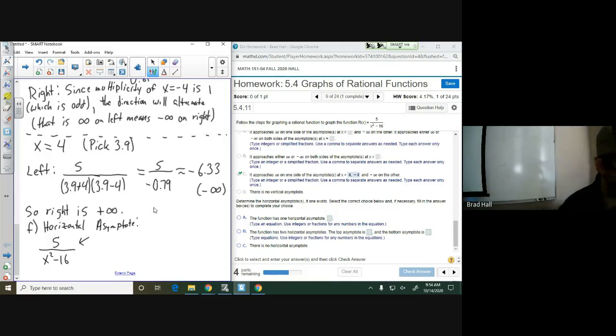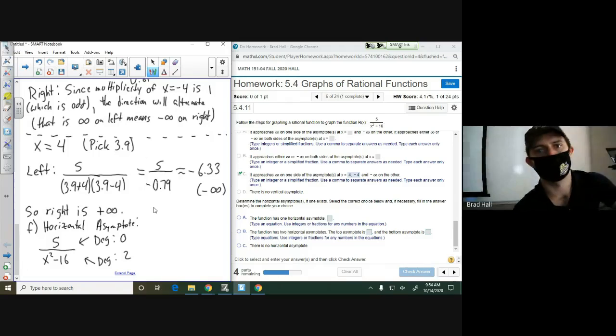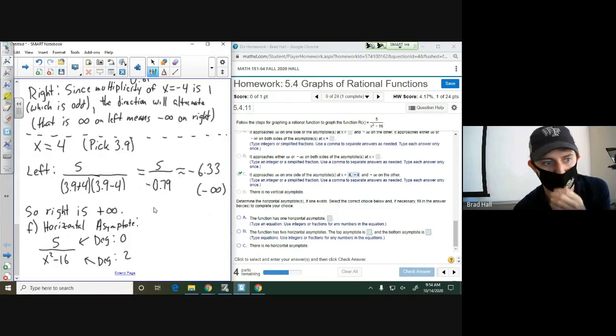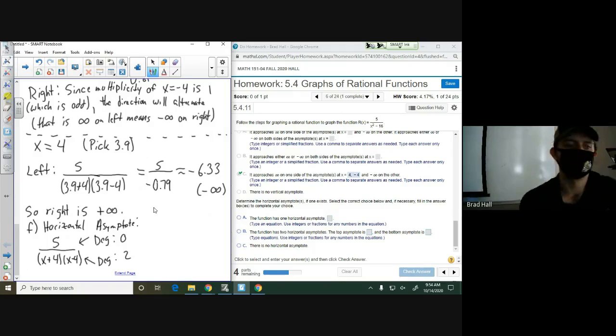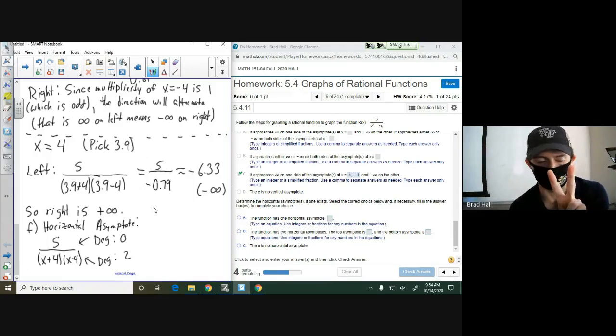The degree of the numerator is 0 because there's no x, and the degree of the denominator is 2. Now you could have found this out from this version or the factored form that I was using afterwards, I suppose to keep things consistent. The degree is still 2 because there's 2 x values there. Or you can additionally figure out the degree by using term domination.